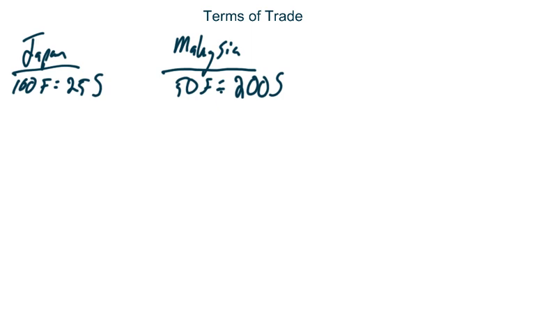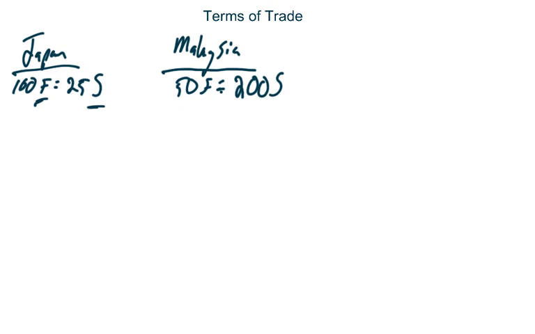All right, so here we have another comparative advantage problem. This is going to be an output problem because we cannot trade time with each other. So we're going to be trading resources with each other. In this case, we're talking about fish or shrimp. Japan can produce 100 fish or 25 shrimp, while Malaysia can produce 50 fish or 200 shrimp.